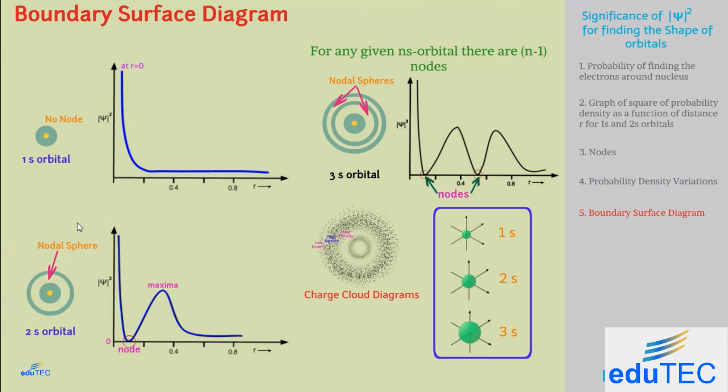The shape of orbitals can be drawn quite accurately by boundary surface diagrams, in which a boundary surface or a contour surface is drawn in space for the orbital on which the probability density function is constant.